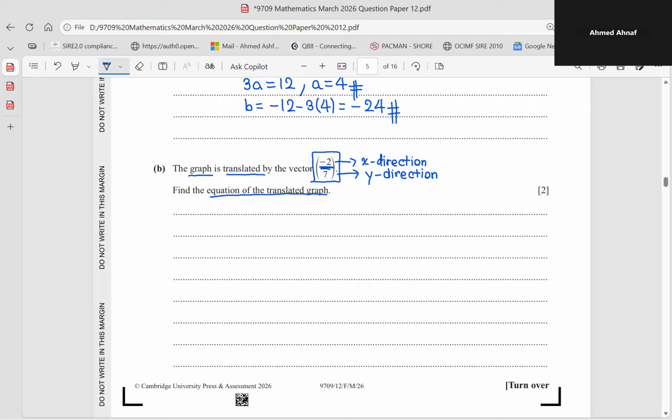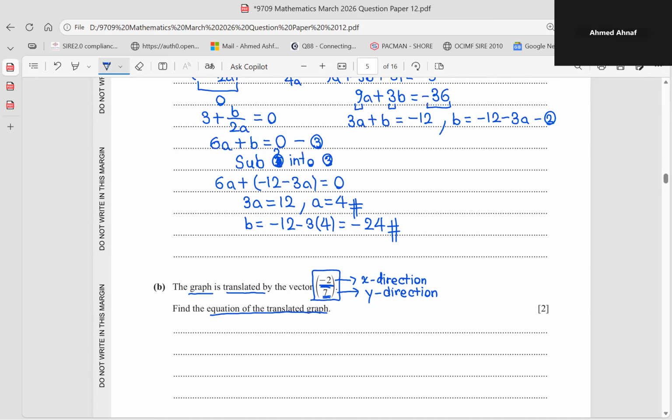If they show negative 2, they're actually adding 2. They're moving it to the right, towards the positive side. However, for y, it's very straightforward. If it's positive, that means it's going up towards the positive direction. Okay, so yeah, let's start.